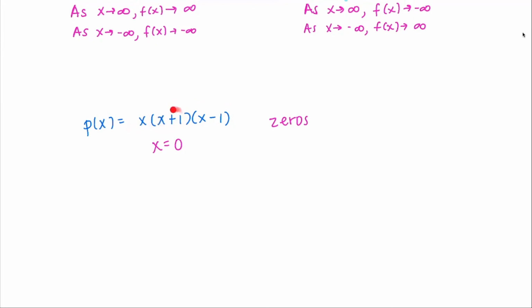We would solve this expression for 0 and we would get -1. And if we solve this one by setting it equal to 0, we can see that it would produce a +1. So we have 3 zeros for this polynomial. We have x equals 0, x equals -1, and x equals +1.